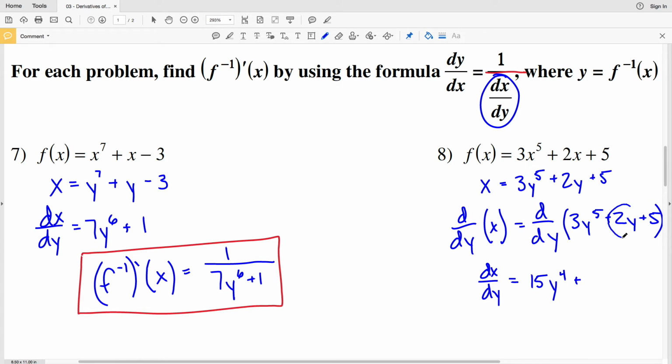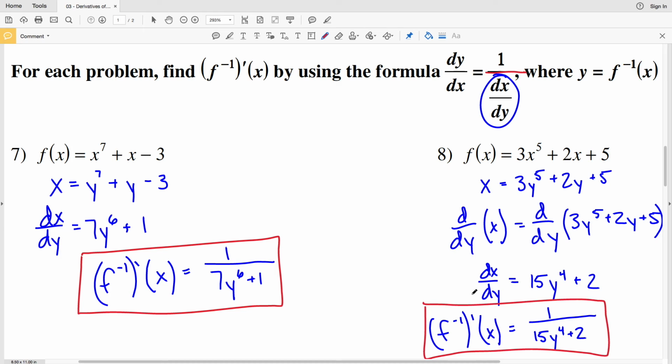So then we're going to add the derivative of 2y, which is plus 2, and the derivative of a constant is 0, and plus 0, we're not changing that value. So the derivative of x with respect to y is 15y to the 4th plus 2. So for the derivative of our inverse function, that's going to be 1 over the derivative of x with respect to y, which is 1 over 15y to the 4th plus 2. And that's our solution in number 8.